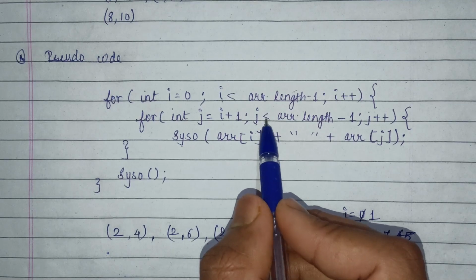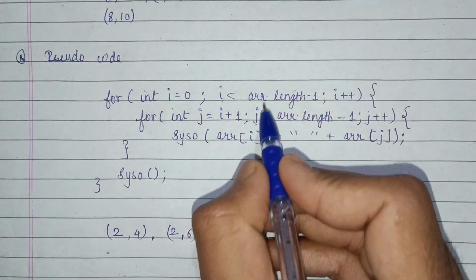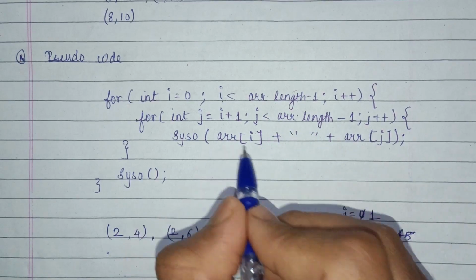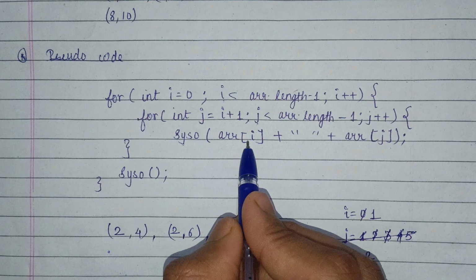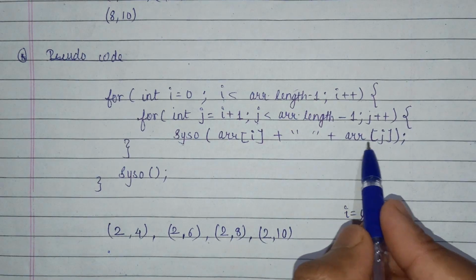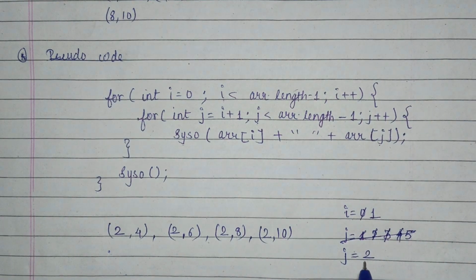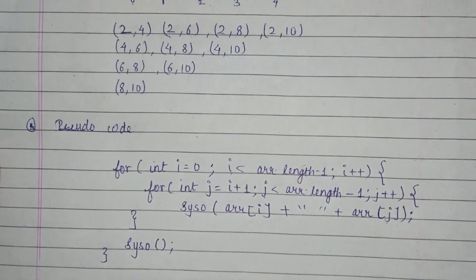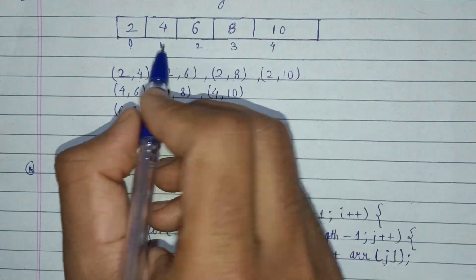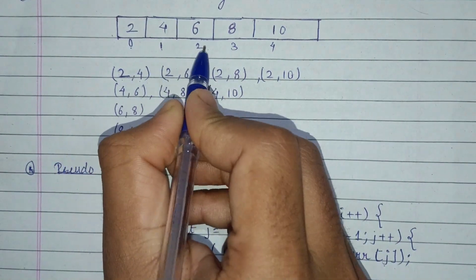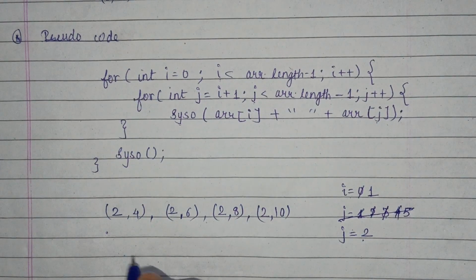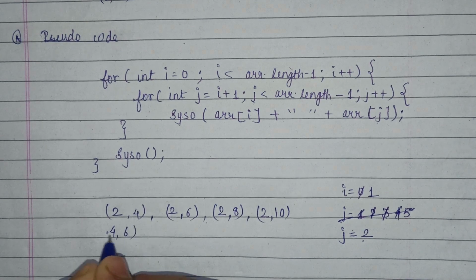Okay, j value checks its condition. If j is less than array length, obviously true, and it will print array of i, array of 1, and array of j, array of 2. So as we know from the array, array of 1 means 4 and array of 2 means 6. So this will be the pair.